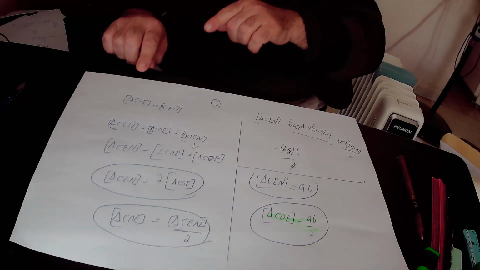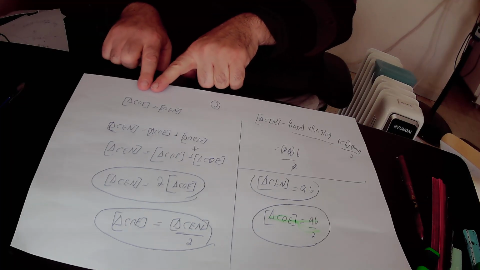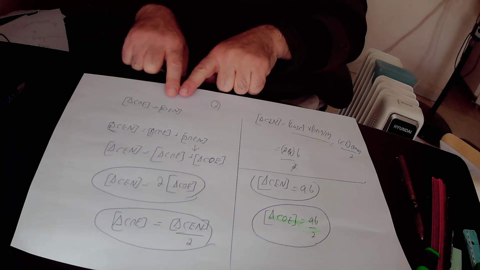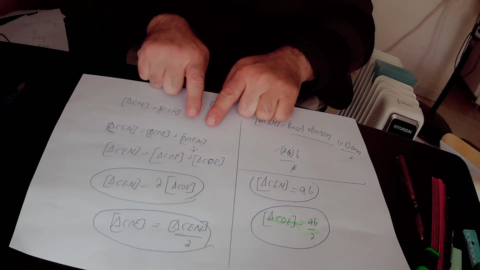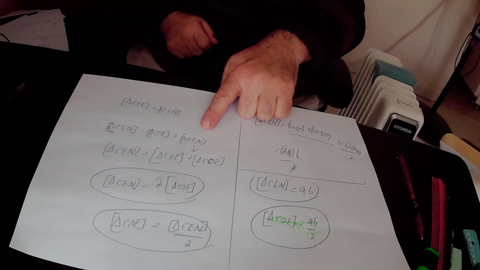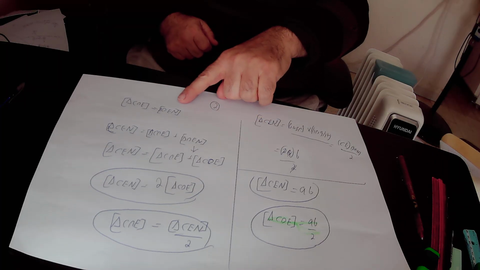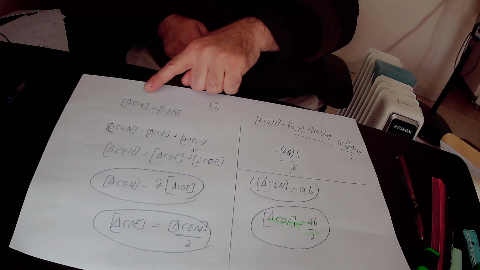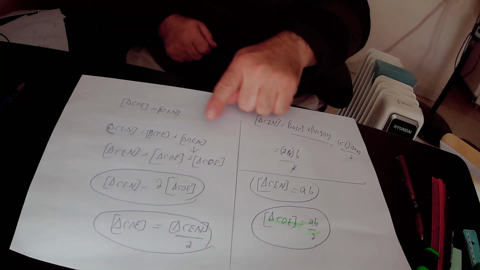But we already found out that the area of the green triangle COE equals the area of the lower triangle OEN. So we can substitute the area of the lower triangle OEN by the area of the green triangle COE, because they are equal to each other.